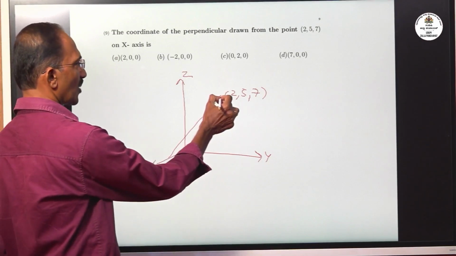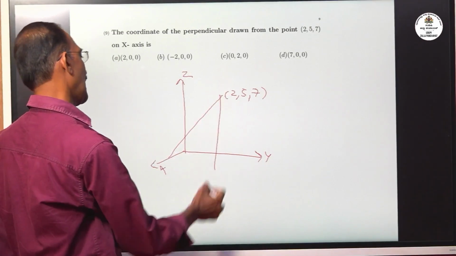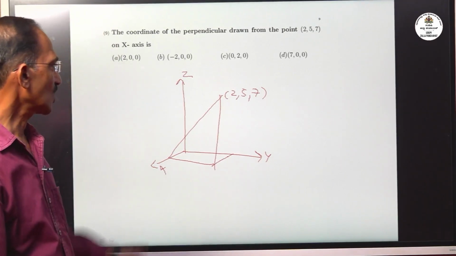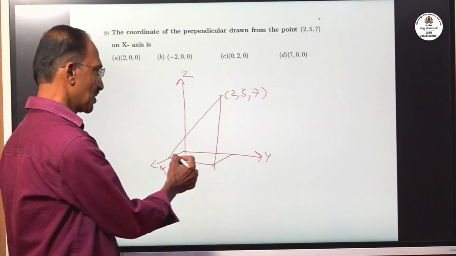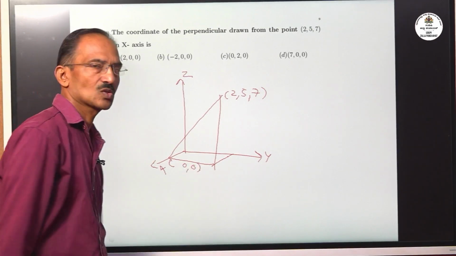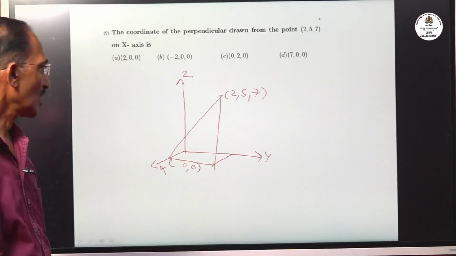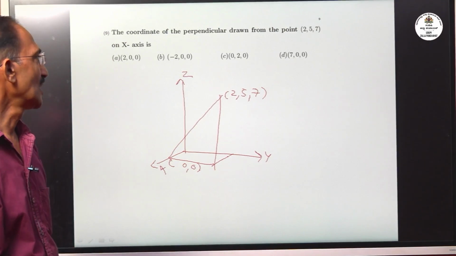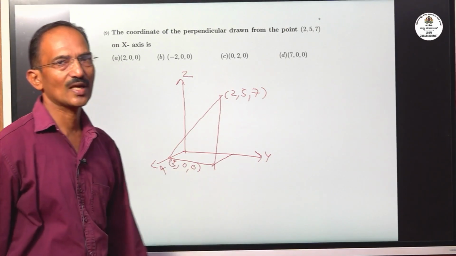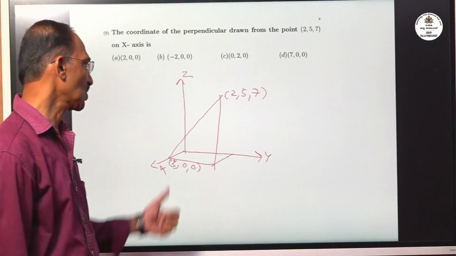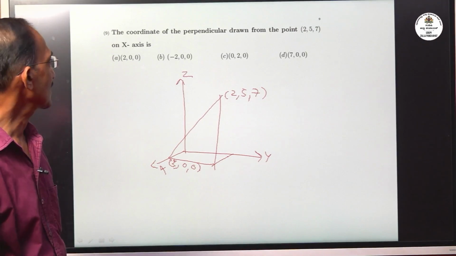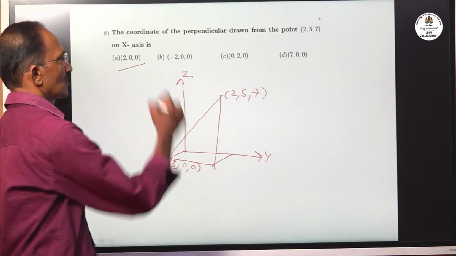Clearly all the points on the x-axis have y coordinate 0 and z coordinate 0. The x coordinate of the foot of the perpendicular from 2, 5, 7 is exactly 2, the value along the x-axis. So the coordinate of the perpendicular drawn on the x-axis is 2, 0, 0, which is the correct option.